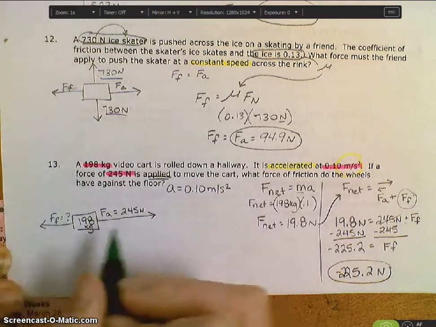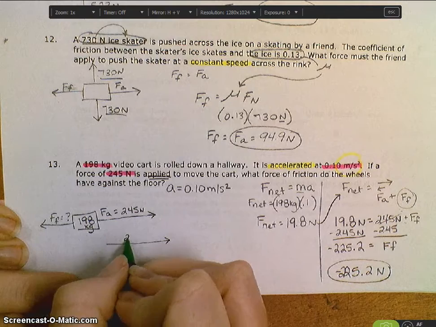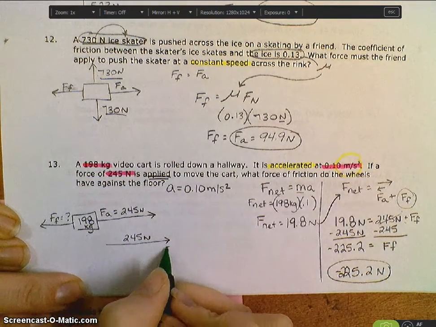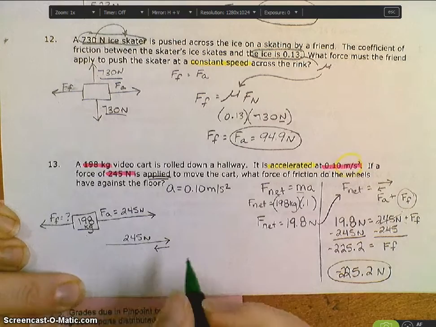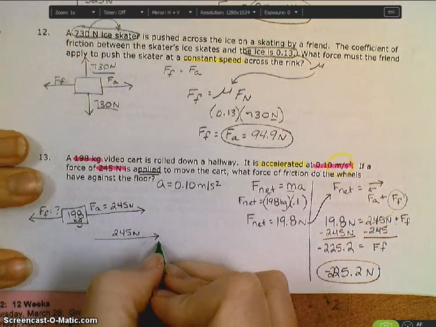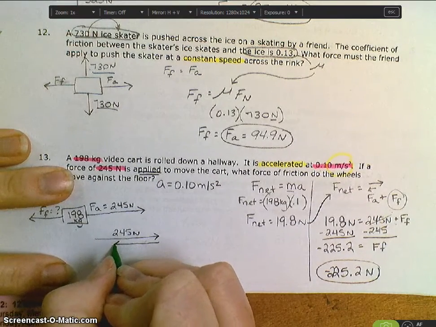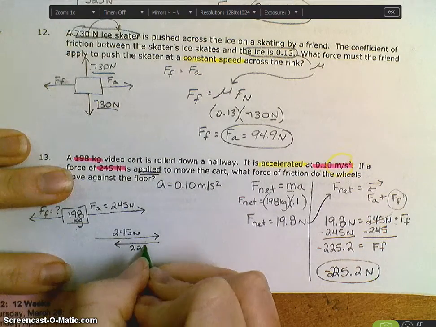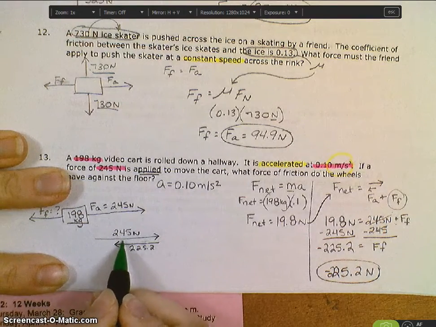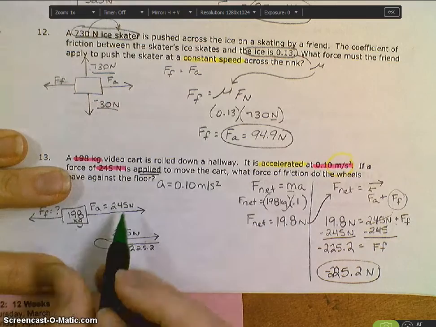Another way to look at this problem, I pushed 245 newtons. Friction pushed back. Actually, to be a little bit more accurate, friction pushes back quite a bit at 225.2. Applied friction. What that leaves is a blank.